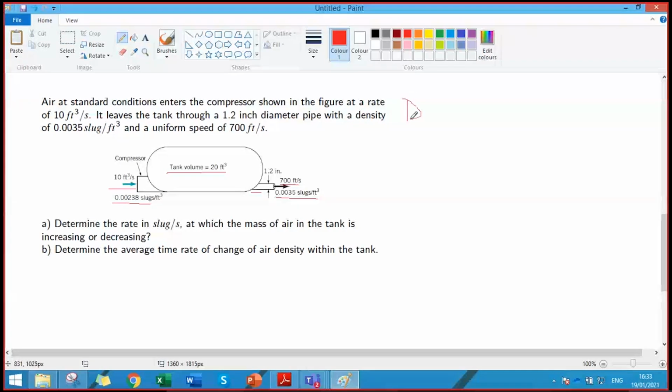We'll say that if this is a steady state system and if this is a continuous system, if the continuity equation is applicable, then the time rate of change of mass should be equal to 0, which means that dm system by dt, which we can calculate, that we can say that, okay, there is some mass coming in, right?